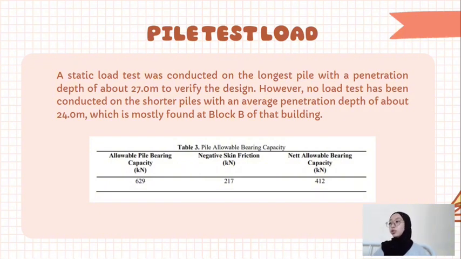The static load test was conducted on the longest piles with a penetration depth of about 27 meters to verify the design. However, no load test has been conducted on the shorter piles with an average penetration depth of about 24 meters, which are mostly found at block B of that building.